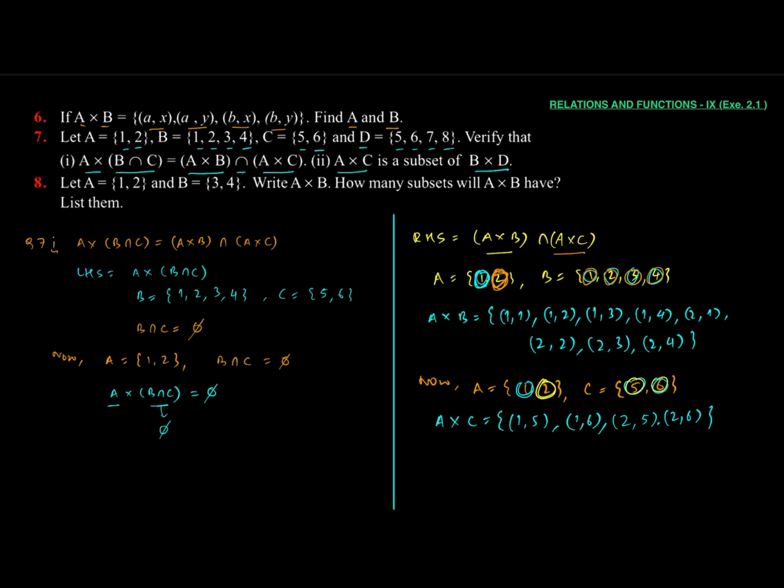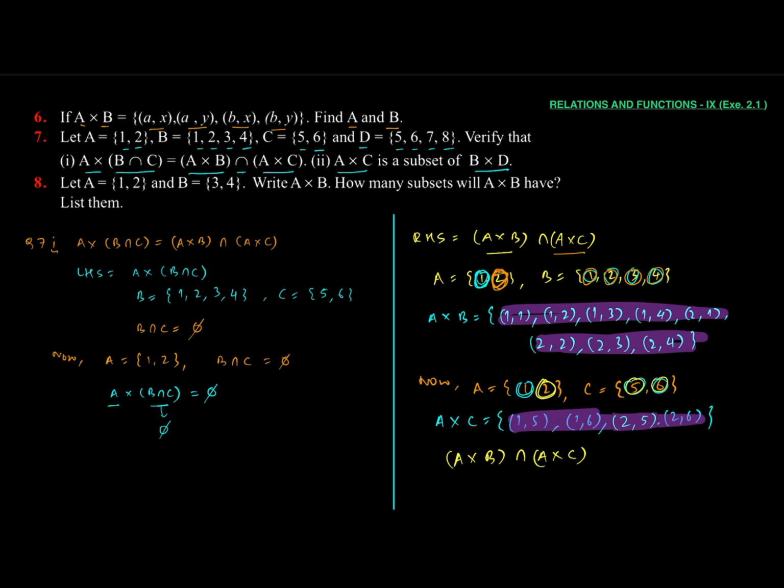So now what is (A cross B) intersection (A cross C)? We'll have to find the common elements of this set and this set. One can observe that these two sets have no common element, so the intersection will again be an empty set. Therefore, left hand side is equal to right hand side.